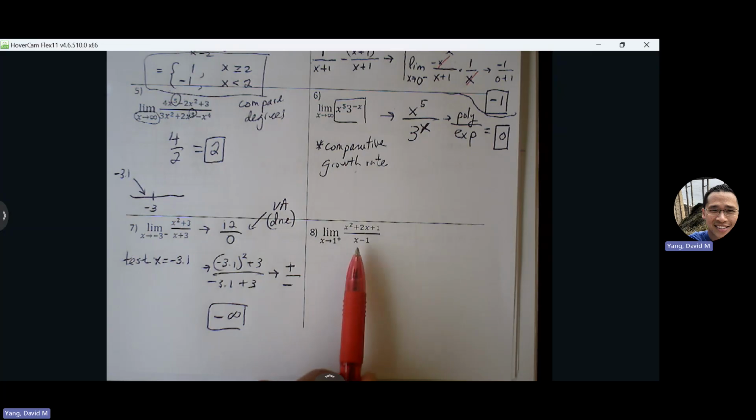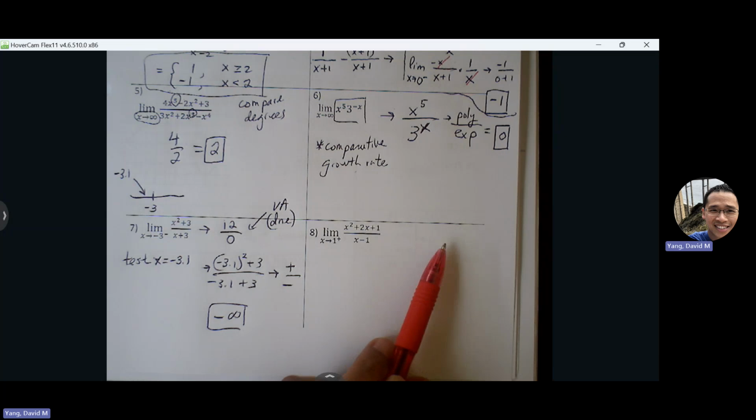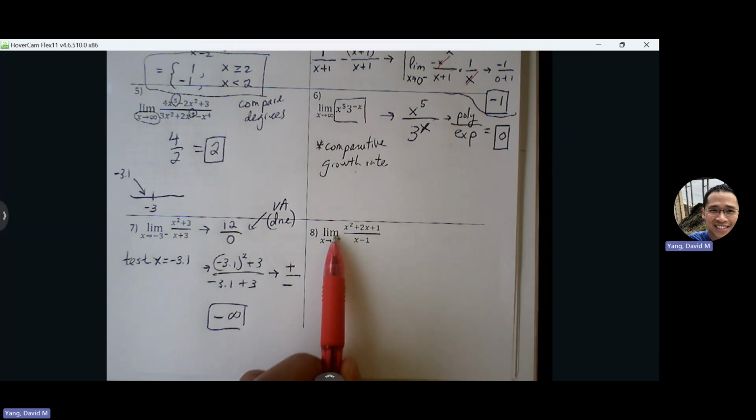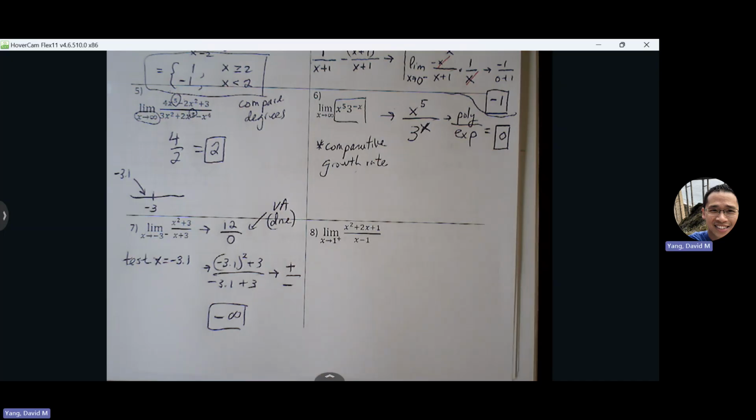Direct substitution. What do we get? Yep, non-zero over 0. There's a vertical asymptote, but it's approaching 1 from the right. Now you can plug in a decimal value because you're trying to figure out how the graph is moving, right? You know it's one of two things, either going up or it's going to go down. So after there's a confirmation that there's a vertical asymptote, then you can commit to a decimal value. You can plug in the 1.1.